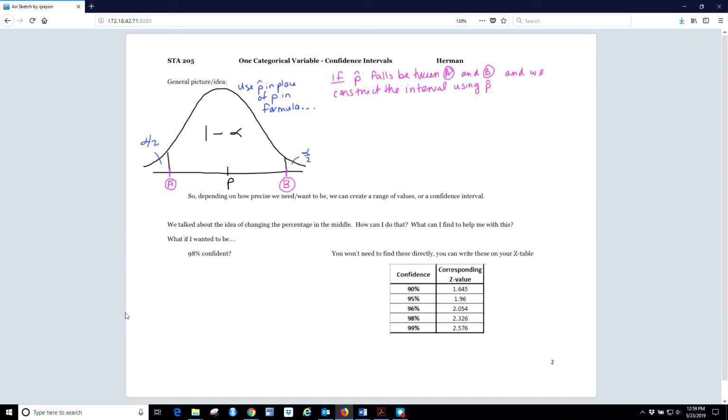So in other words, think about it this way. I'm going to think about where my P hat is on my picture, and then I would go out 2 standard deviations from it. So again, it's not going to be directly in the center. It could be like right here, and I'm going to go out 2 standard deviations on either side of it. Then this interval will contain P somewhere inside of it.